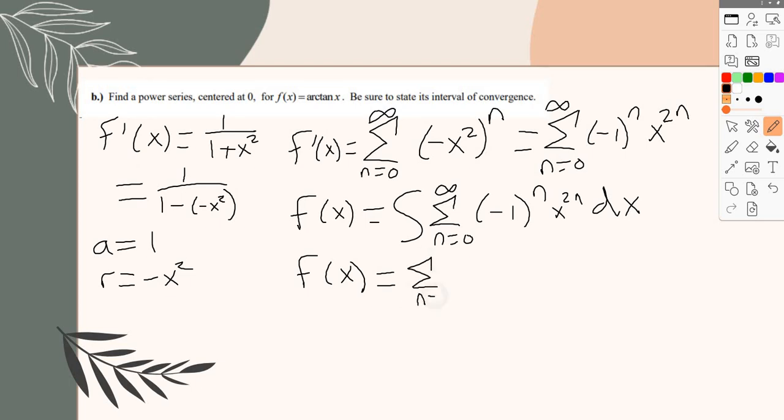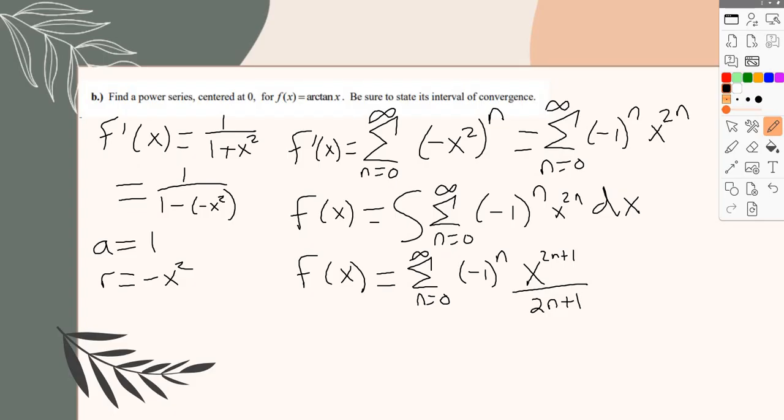So does it affect my negative 1 to the n? Not at all, x isn't there. So then what would we need to do in order to take the antiderivative of that? Add 1 and then divide by the new exponent. So we get that. Be careful here, because I'm not plugging in n plus 1 like I do with some of my other problems, right? So that's why I don't have to distribute the 2.